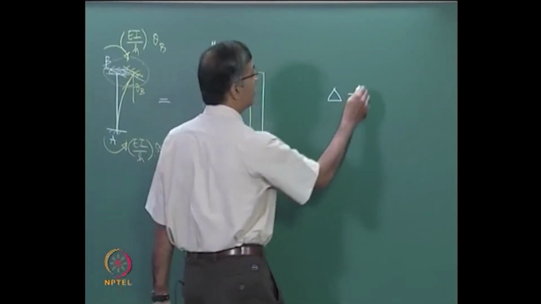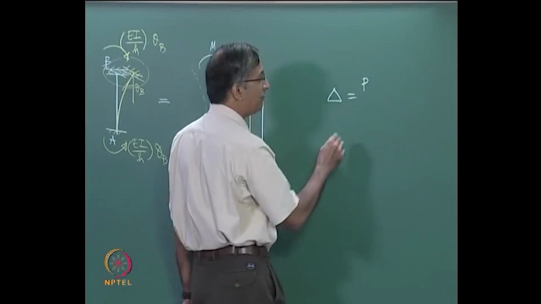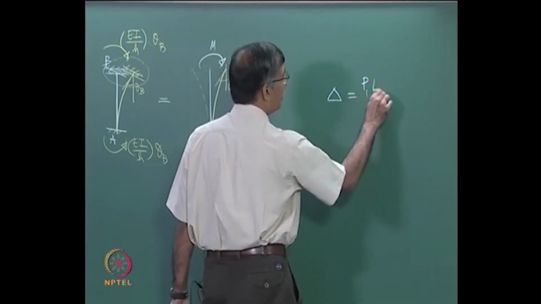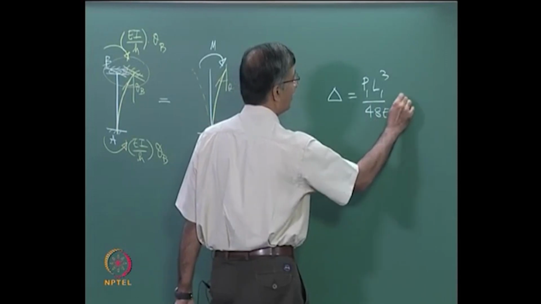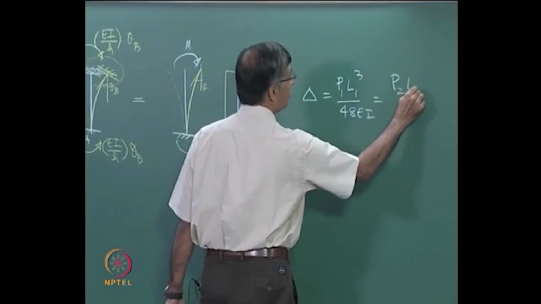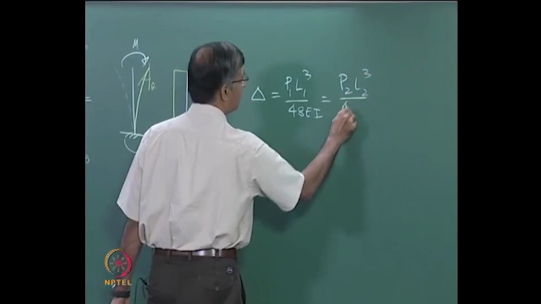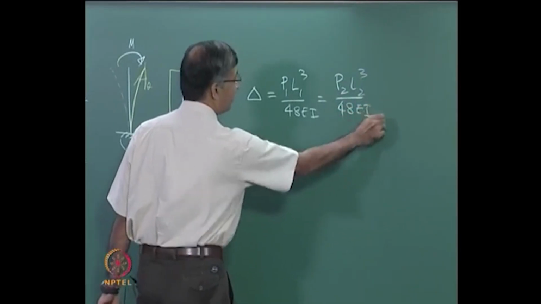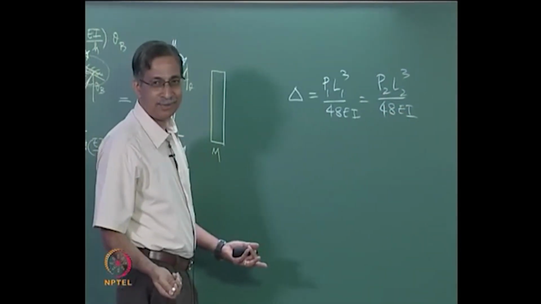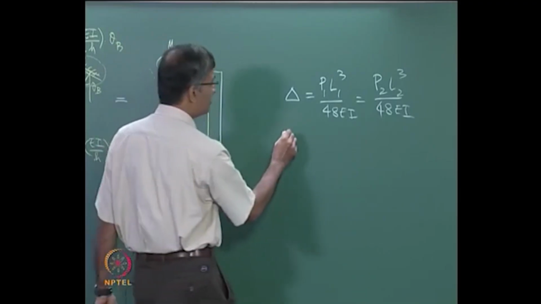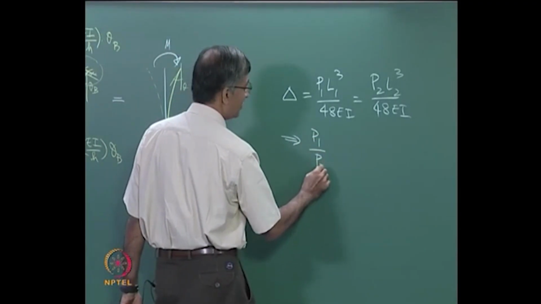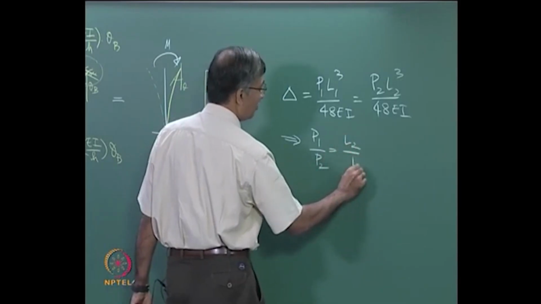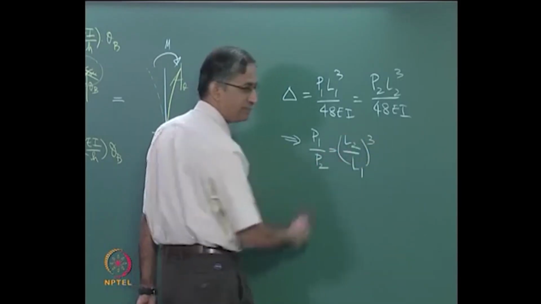In one beam, the concentrated load, let it be P1, the deflection is P1 L1 cube by 48 EI. In the other beam it is P2 L2 cube by 48 EI, right? Beautiful answer. So he says, what is so great about this? Then P1 by P2 will be (L2 by L1) the whole cubed.